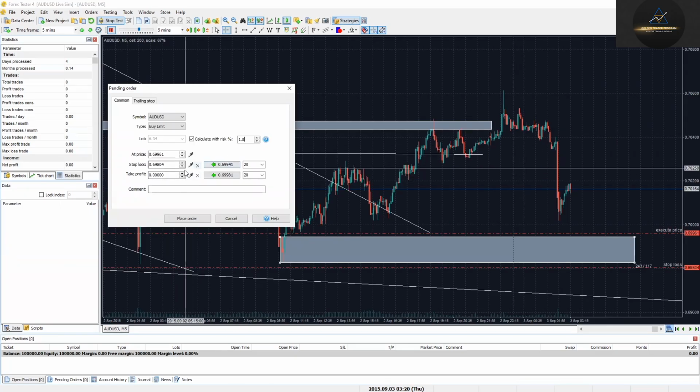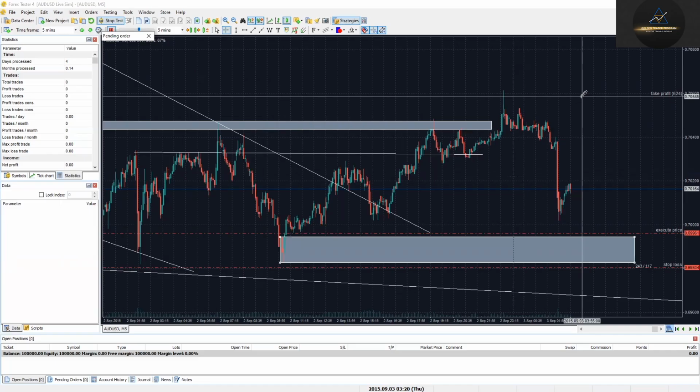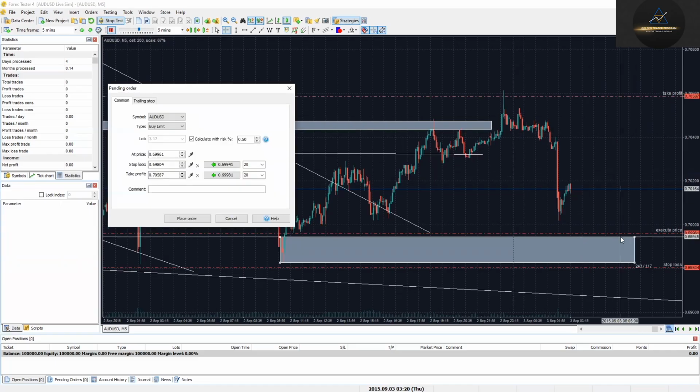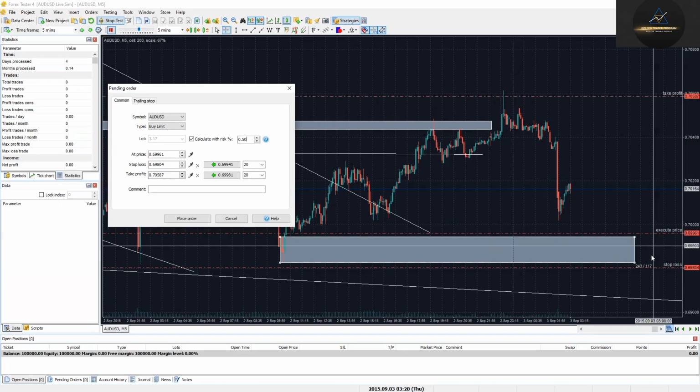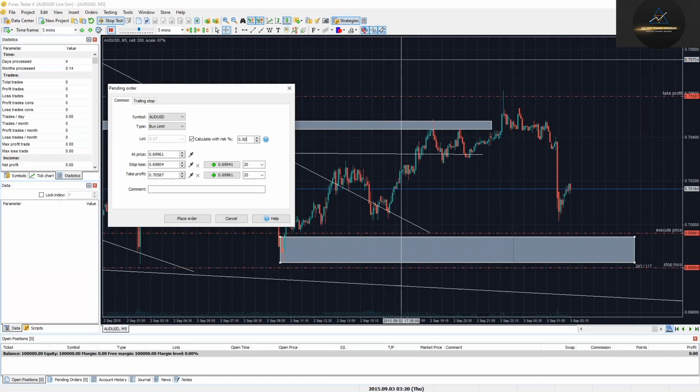And TP, let's go for these highs here. Actually, let's split this into 2 trades, and let's put the take profit over here for now. Right, so it's about 5R.